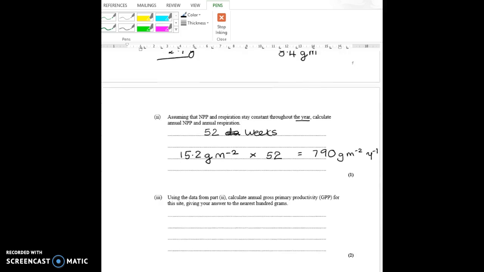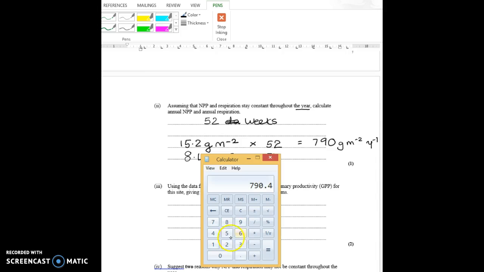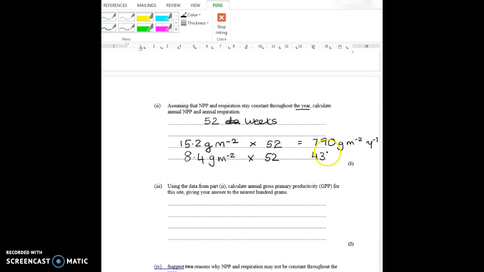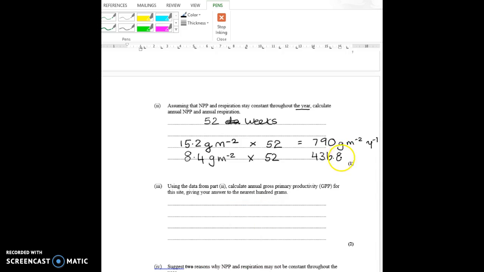Go forward again to our next question. We want to know for a whole year, and so we'll do the same thing: 8.4 grams per meter squared in a week times 52, which will give us 436.8 grams per meter squared per year.